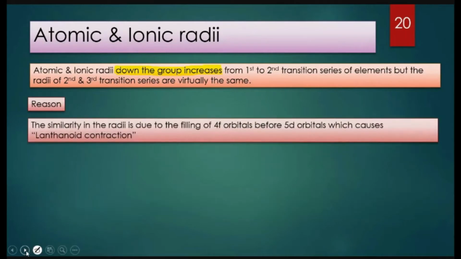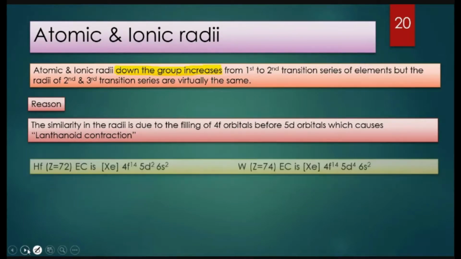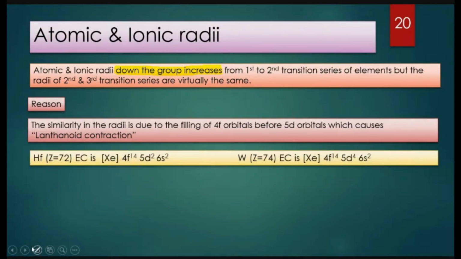The reason is very simple. The similarity in the radii is due to the filling of 4f orbitals before 5d orbitals, which causes a phenomenon called lanthanide contraction. To understand this, let us take two examples. Here I have taken hafnium and tungsten.